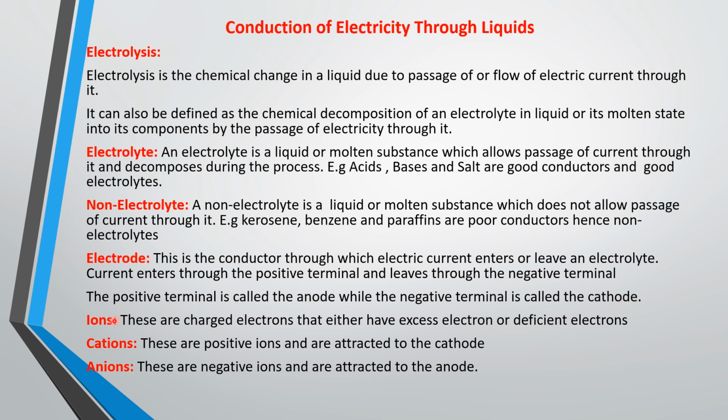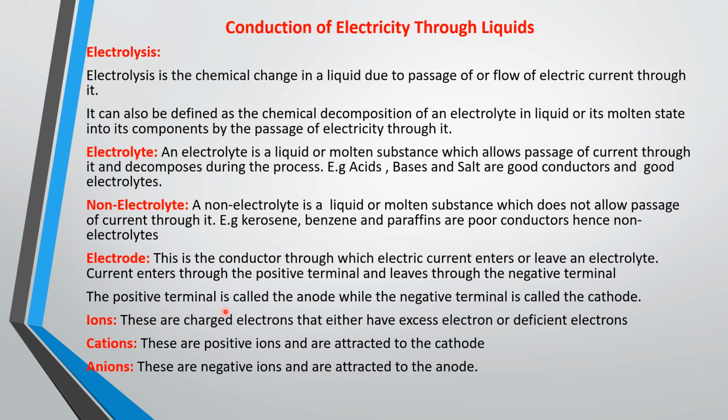Okay, so ions are charged particles that either have excess electrons or deficient electrons. A charged particle that has excess or deficient electrons is called an ion.